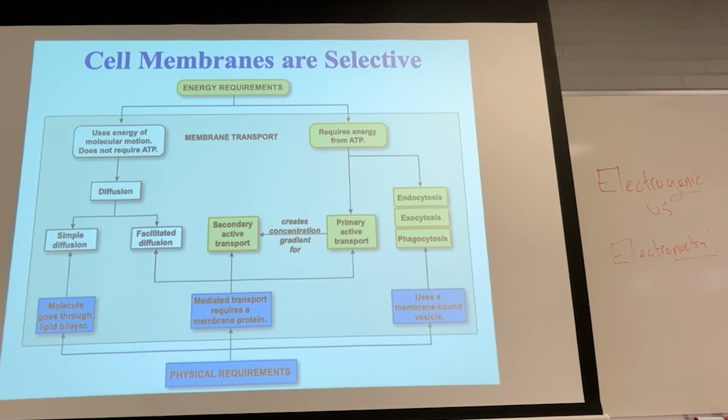For example, oxygen. When we breathe oxygen in, we bring it into our lungs, and it just crosses the membranes of the epithelium in the lung tissue into the blood. Why? Because oxygen's really little, and it's also non-charged. It's not hydrophilic, sorry. And so it just passes right into the bloodstream through simple diffusion.